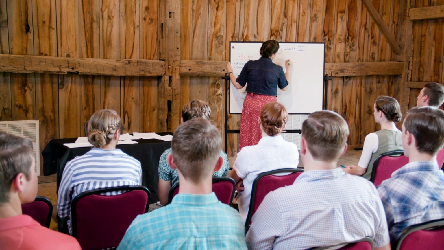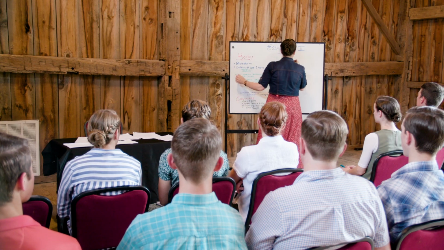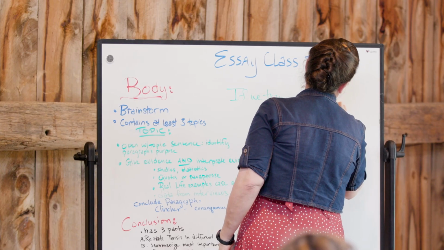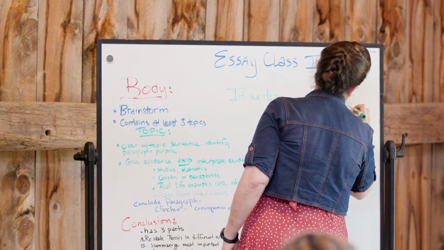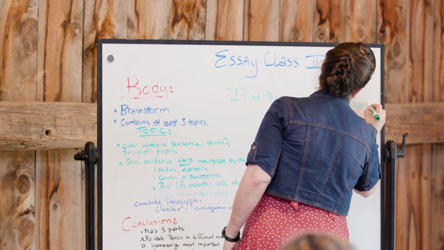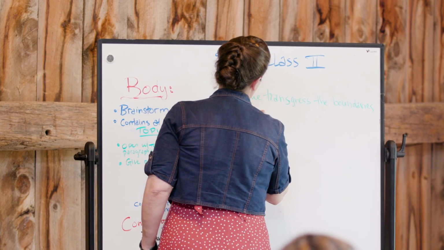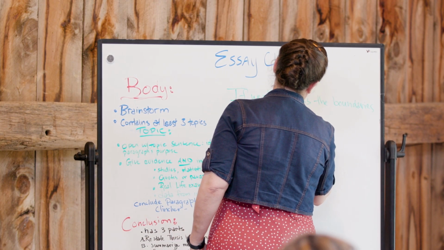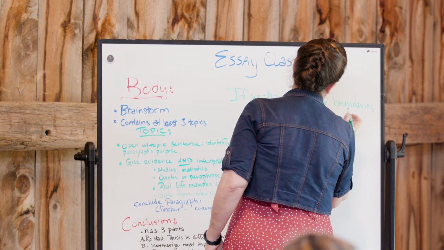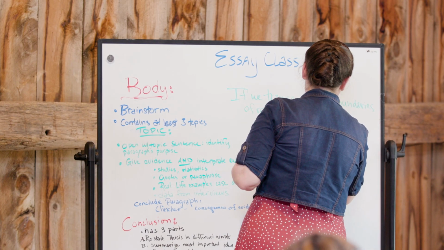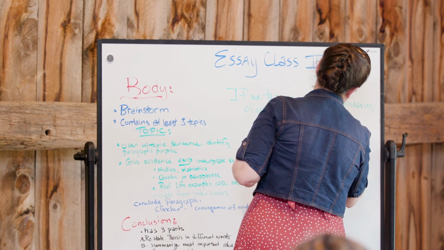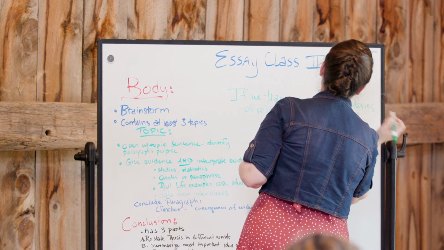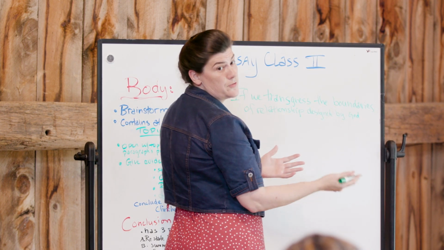I'm going to just make this a little different, okay? If we transgress the boundaries of relationship designed by God, or we could say the orbit instead of the boundaries, okay?